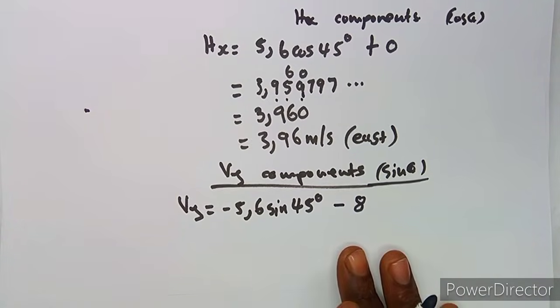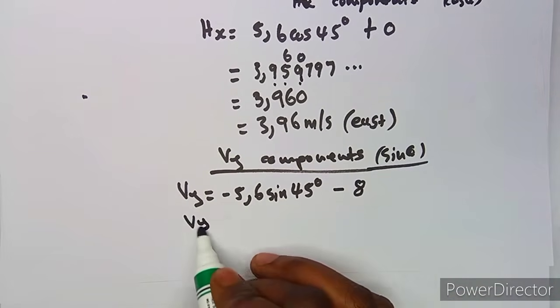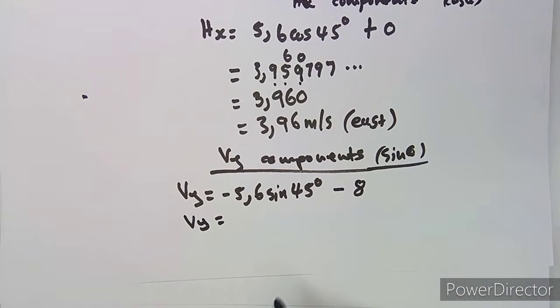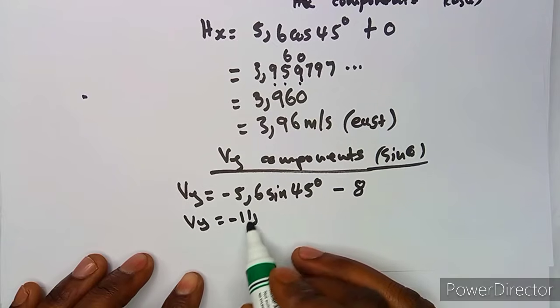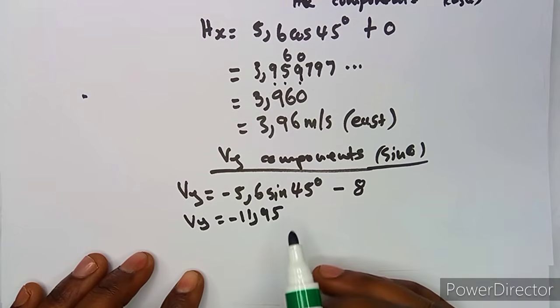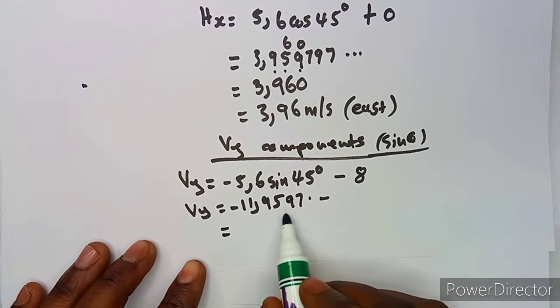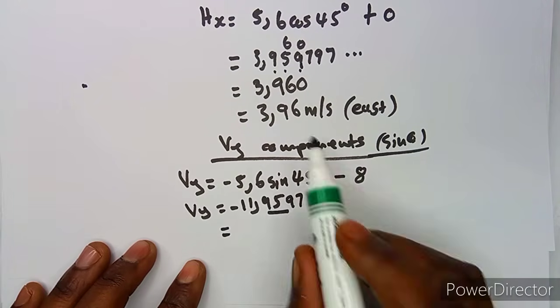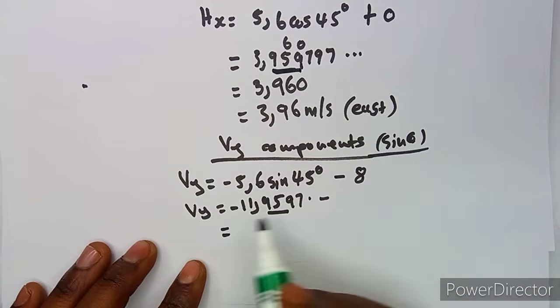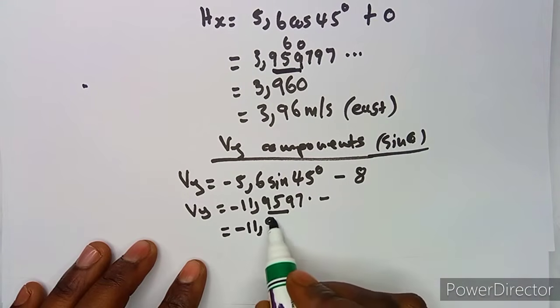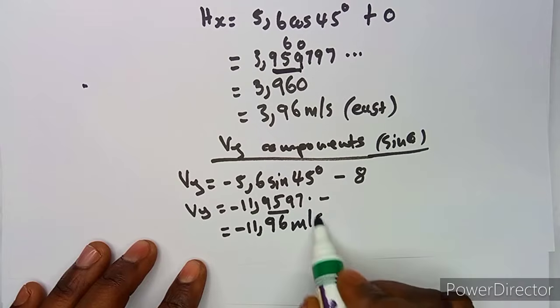All right, sorry. So using your calculator again, you are going to obtain this decimal, guys, minus 11,9597 and so on. So you can just round off to 3 decimal places. You can see these decimals are the same as the ones that we had, so it's going to be minus 11,96 meters per second.